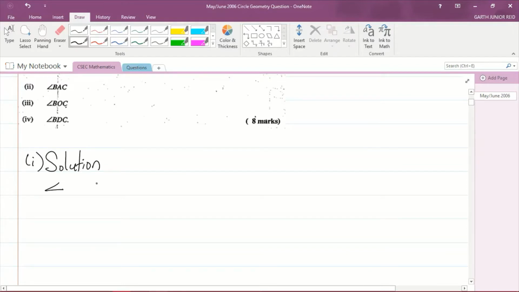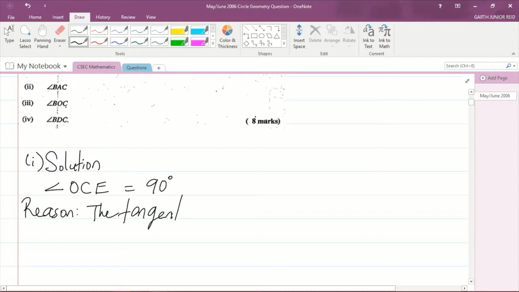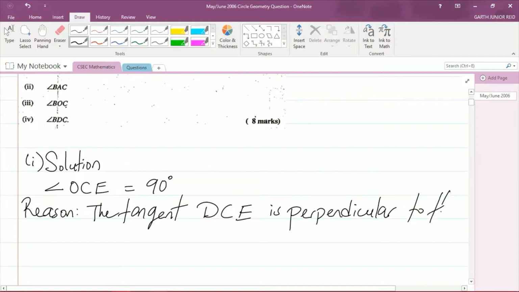Angle OCE is equal to 90 degrees, and our reason is that the tangent DCE is perpendicular to the radius, that is OC.